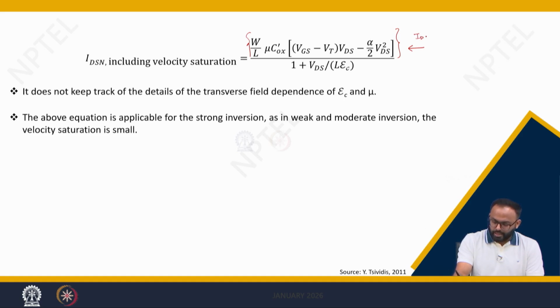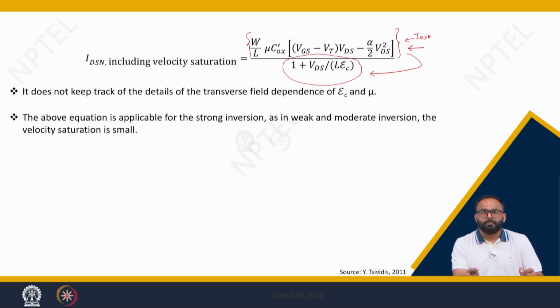So IDSN is this without including the velocity saturation effect, but when you are talking about the short channel device, then you should include the velocity saturation effect, and hence you need to divide by this factor 1 plus VDS divided by L into Ec. So this factor captures the effect of velocity saturation.